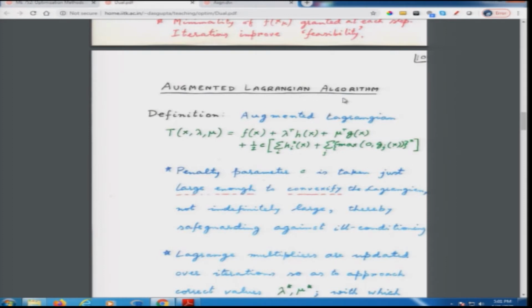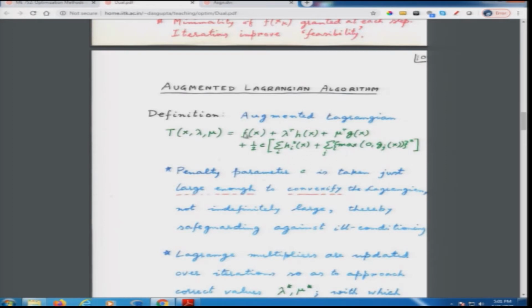While discussing penalty methods, I told you at the end that the penalty method itself is not of great significance for solving optimization problems, but in other methods quite often a penalty term does some invaluable service, and in the augmented Lagrangian method you find one such example.